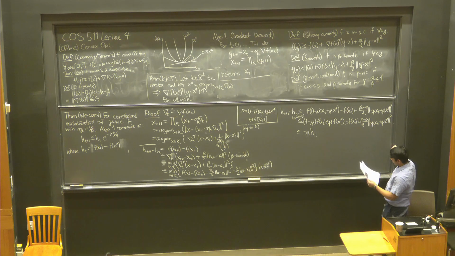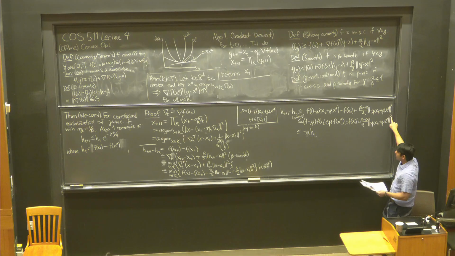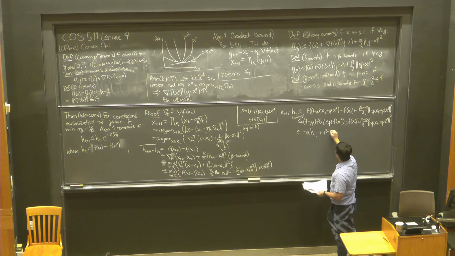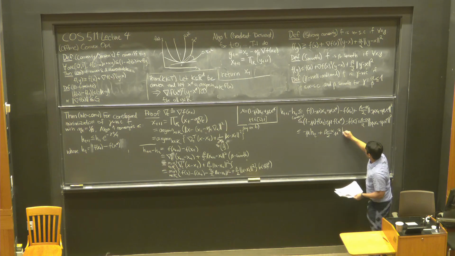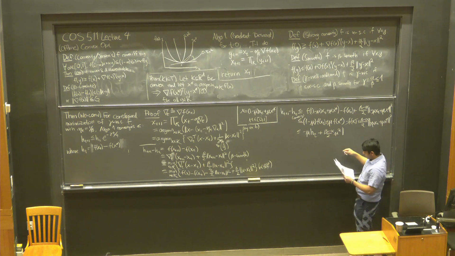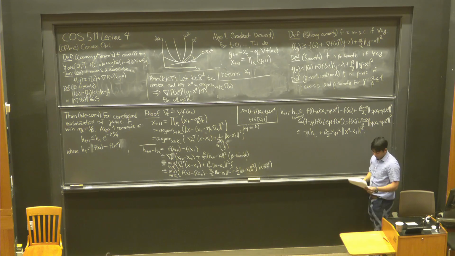And furthermore, we can factor out a mu from this part, right? Factoring out a mu with the square gives us mu squared. After we factor out the mu, we're left with just x star minus xt.